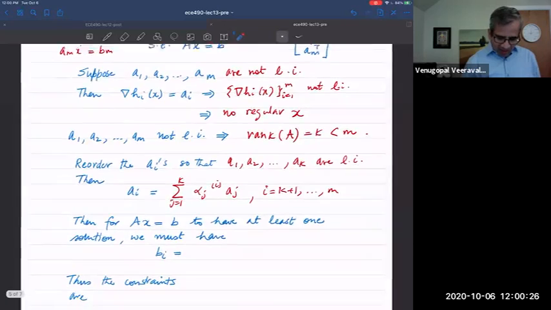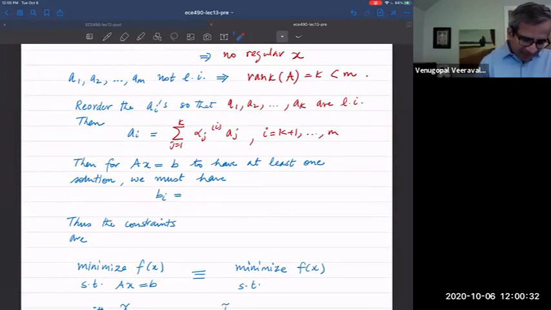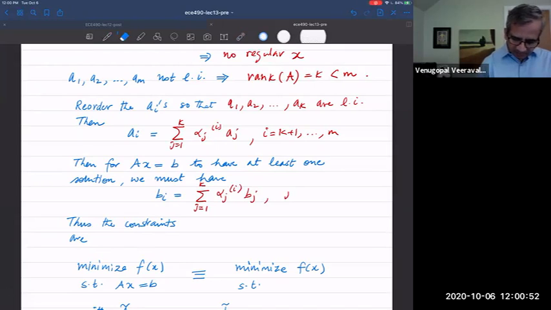So for them to be consistent and for Ax equal to b to have at least one solution, we must have that the bi's must also be the same linear combinations of the b's, for i equal to k plus 1 through m. Everyone see that?